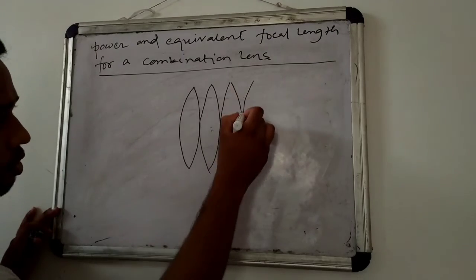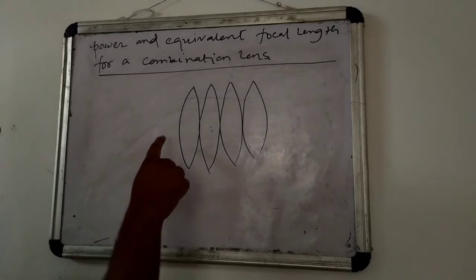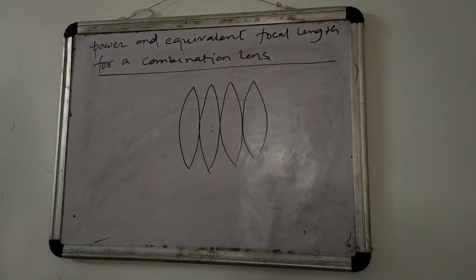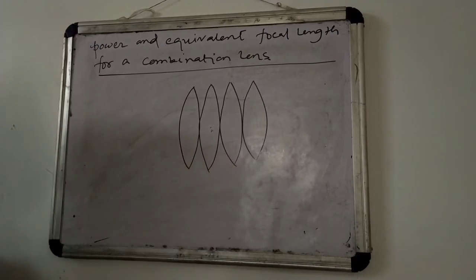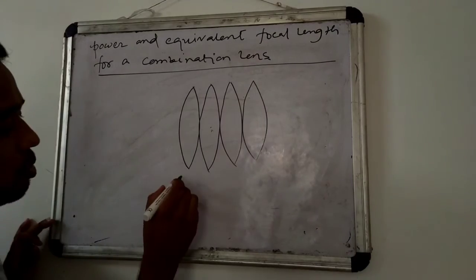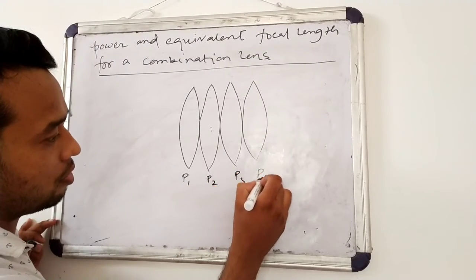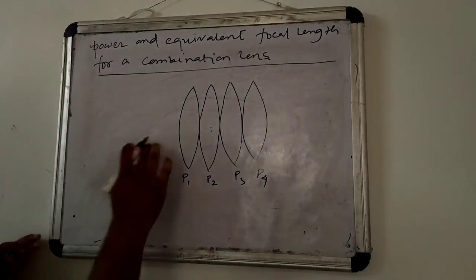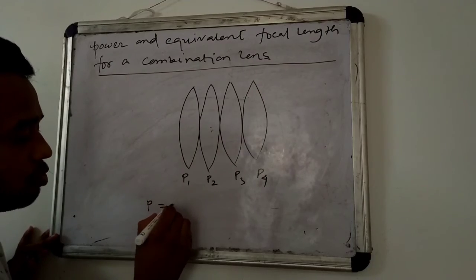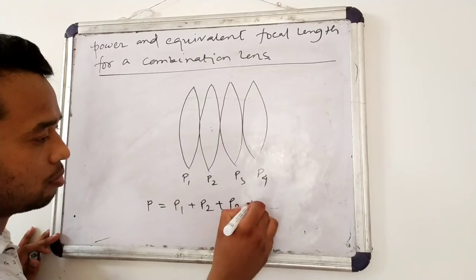Suppose we take 4 lenses which are in contact, one lens in contact with the other. If we combine a number of lenses in this way, and suppose the powers of these lenses are P1, P2, P3, P4, then the power of this combination will be P equals P1 plus P2 plus P3 plus P4.